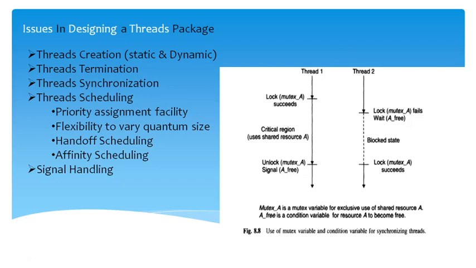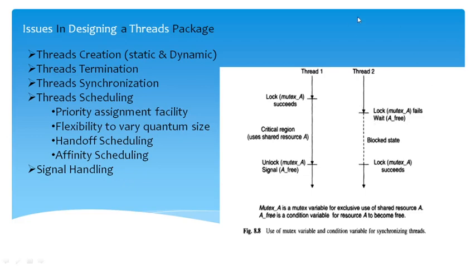That is non-preemptive scheduling. Whereas in preemptive, thread 1 is executing. If thread 2 of high priority approaches, then thread 1 is suspended and thread 2 goes to the running state. That is the priority based scheduling scheme in both preemptive and non-preemptive approaches.